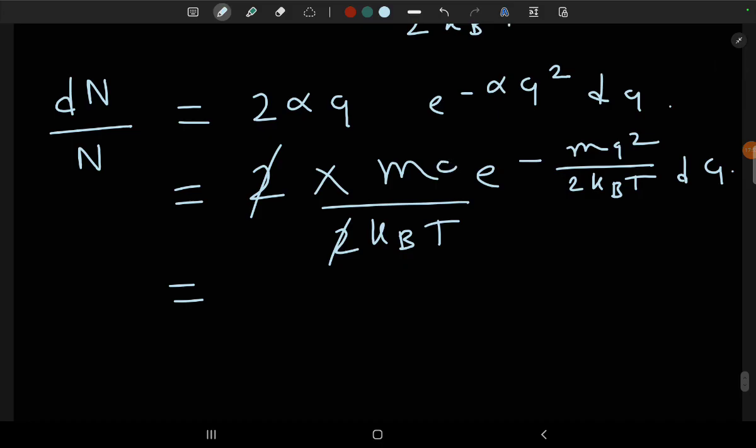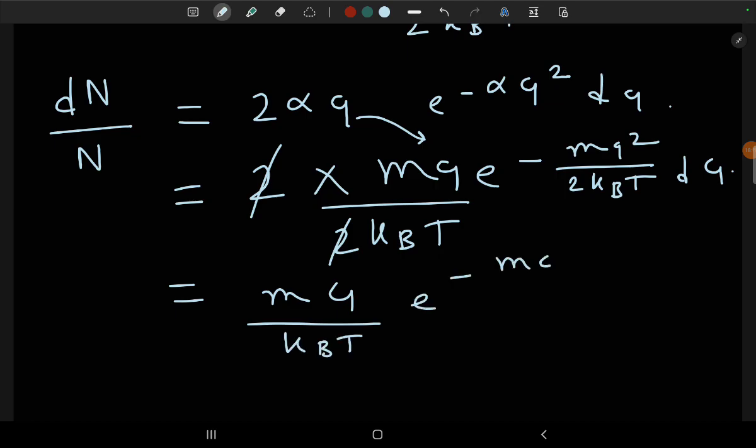Yeah, there is a c1 missing here, this c1 came here, so I had missed that out. The 2 cancels out. This is m c1 by kBT e to the power minus m c1 squared by 2 kBT dc1.